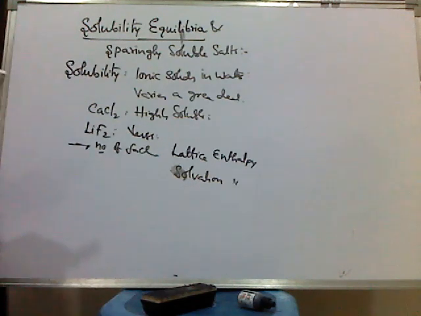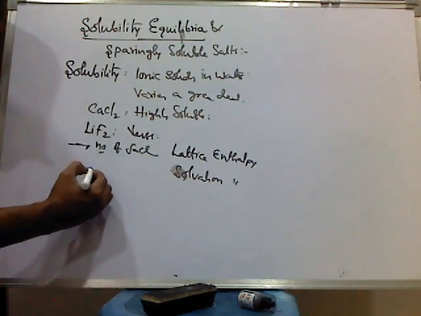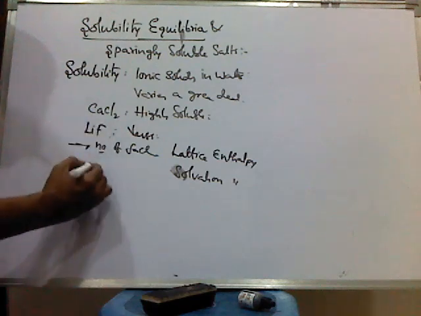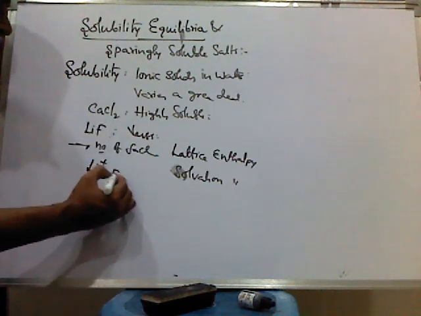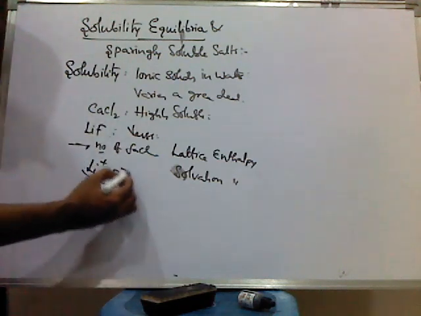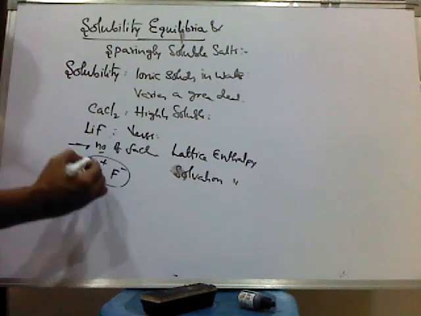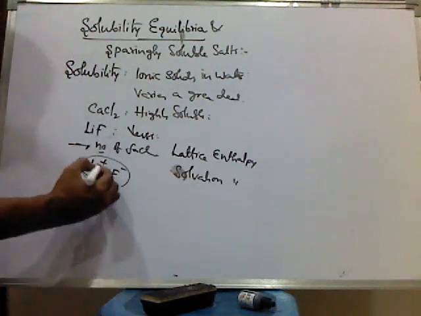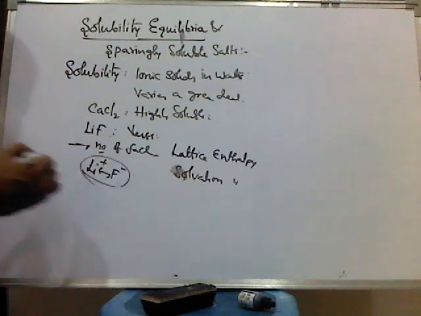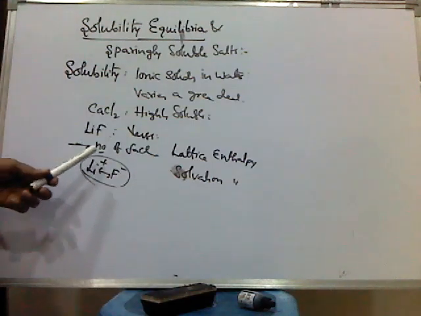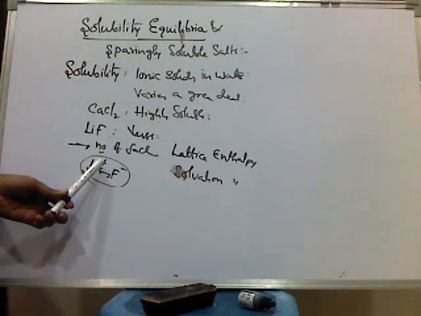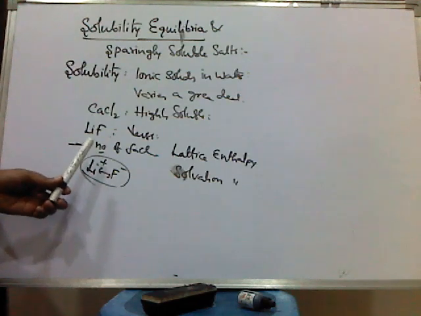If you take lithium fluoride, it has Li plus and F minus ions. Lattice enthalpy is the amount of energy required to break the attraction forces between the Li plus ions and F minus ions.